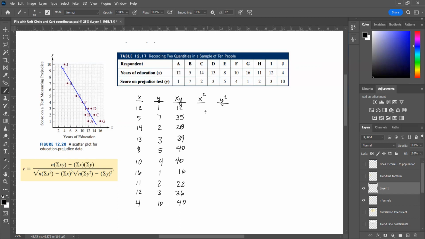Now in the next column, I need to square the x values. So I've got 12 squared, which is 144. And then 5 squared, which is 25.